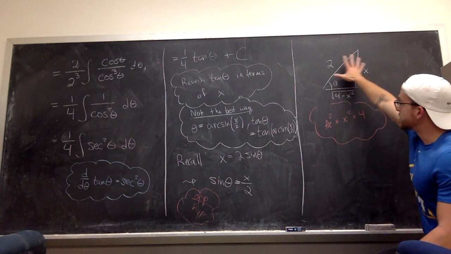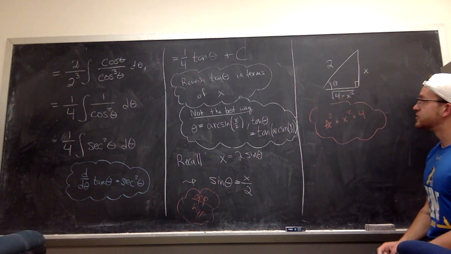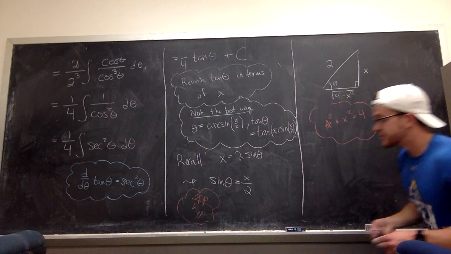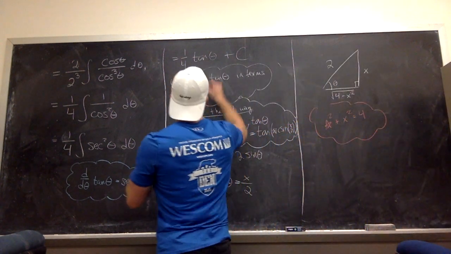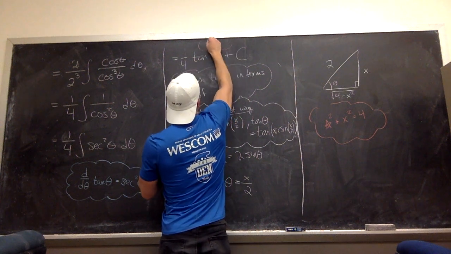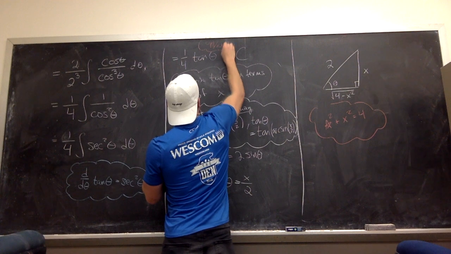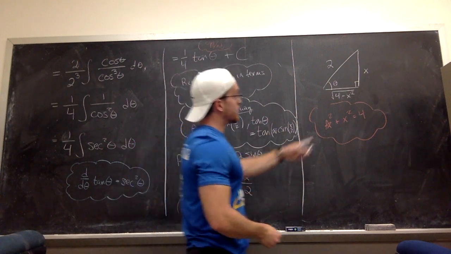I can just read this off the picture, because tangent of theta is the opposite over the adjacent, so TOA.